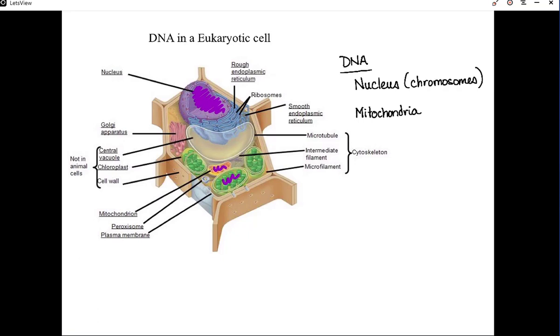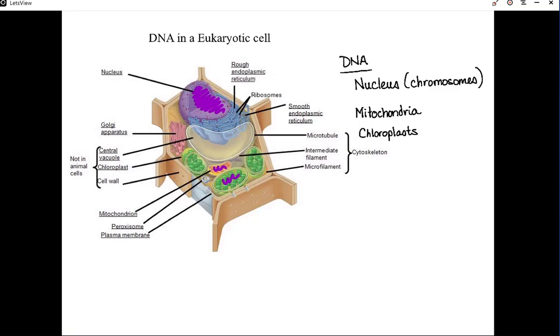And if you're a photosynthetic organism and you have chloroplasts, then there will also be DNA there as well. And the mitochondria and chloroplast DNA actually codes for proteins that are found in the mitochondria and chloroplasts respectively.